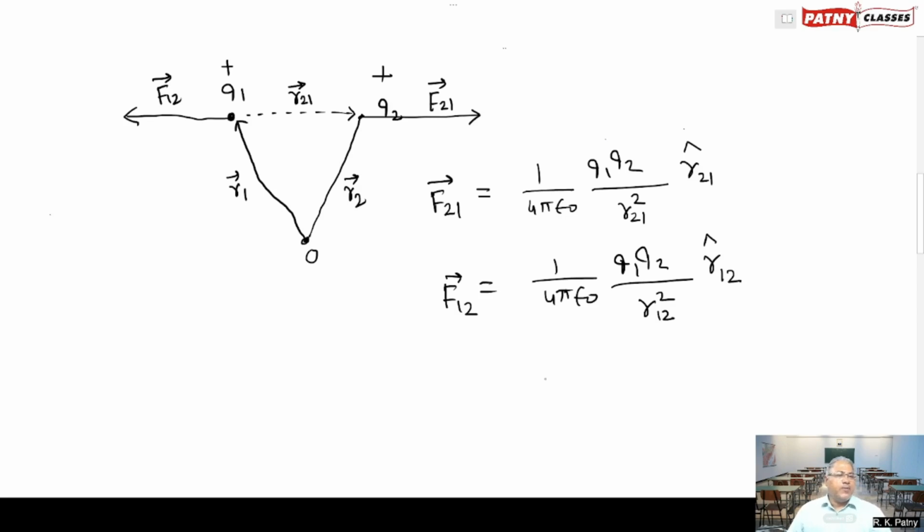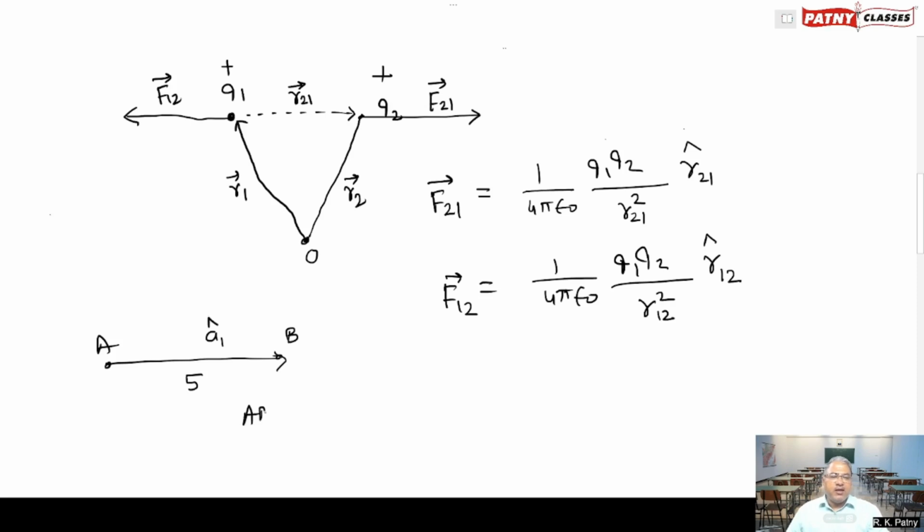Here we are multiplying each expression with the unit vector. Whenever we multiply a scalar with the unit vector, we get the entire vector. For example, I have a vector AB, its unit vector is A cap, and the magnitude of AB is, say, 5.